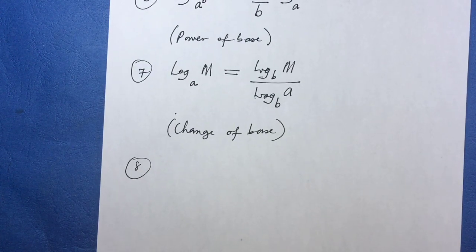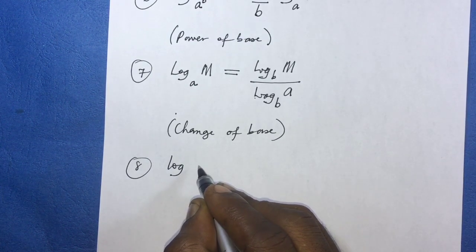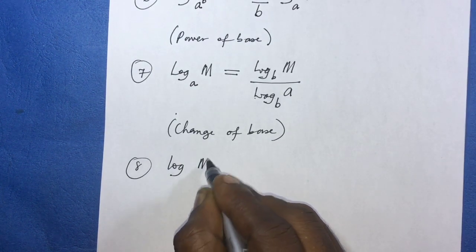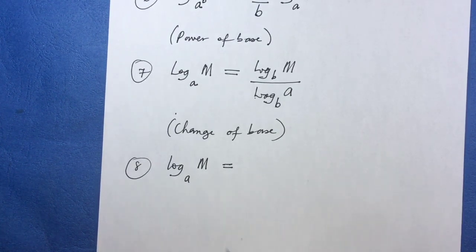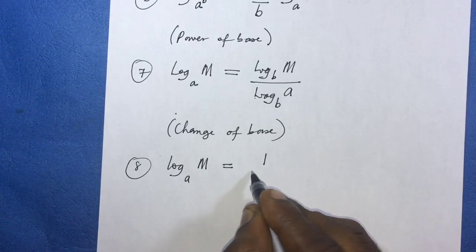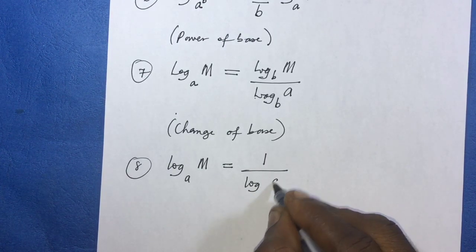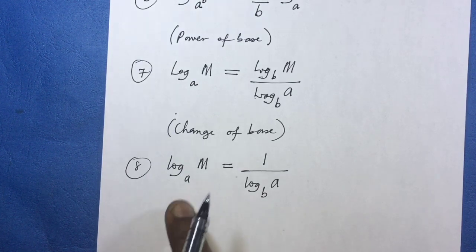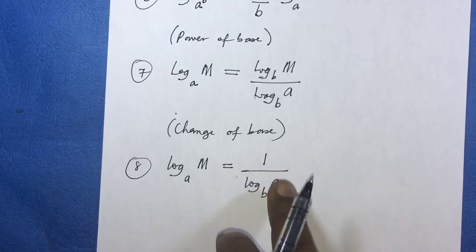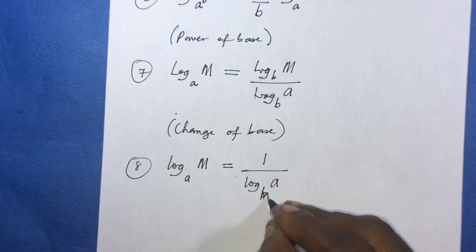Now, if it happens that I can actually write this logarithm of m in base a, it is possible to write this as 1 over logarithm of a in base b. Okay? We are going to prove this law. Logarithm of m in base a equals 1 over logarithm of a in base m rather.